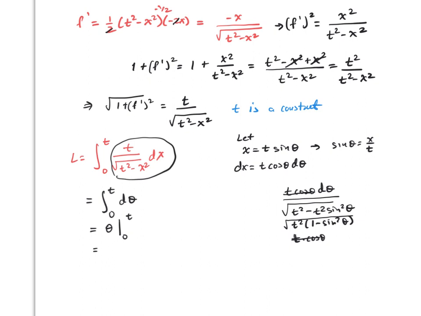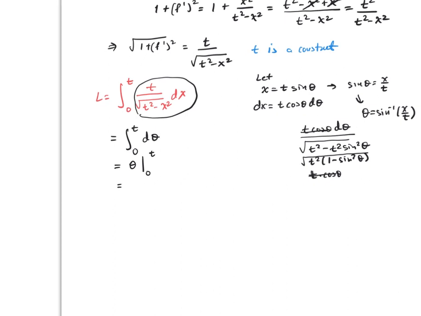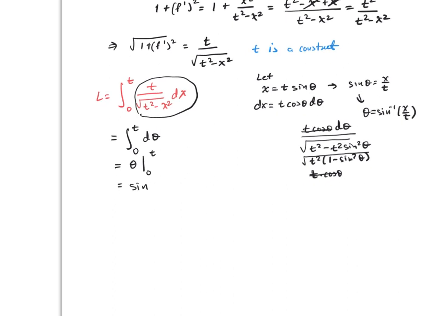But theta, from here, theta is sine inverse of x over t. So therefore, this is equals to sine inverse of x over t from 0 to t.